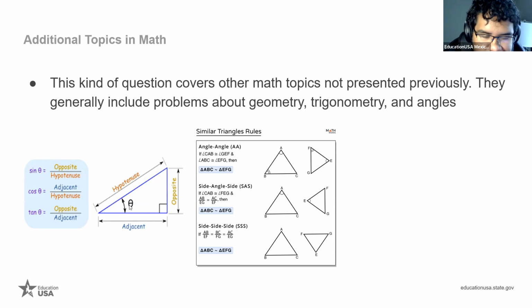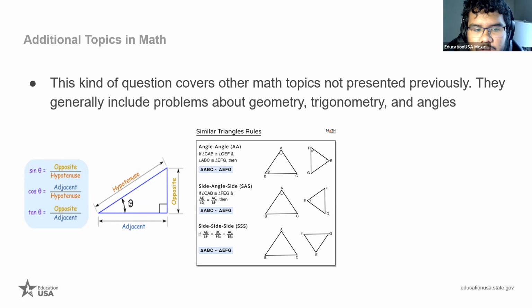The sine of angle theta is equal to the length of the side opposite angle theta, right here, divided by the length of the hypotenuse, which is the longest side of this right triangle. That's what it means.